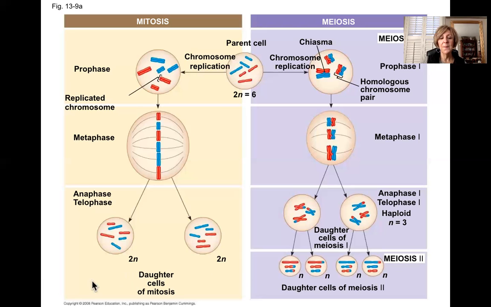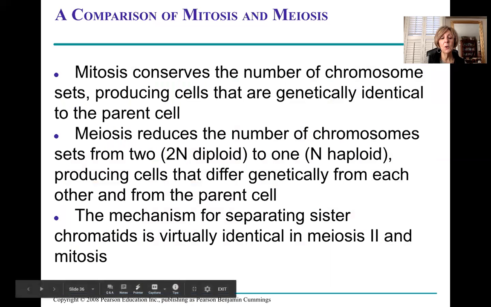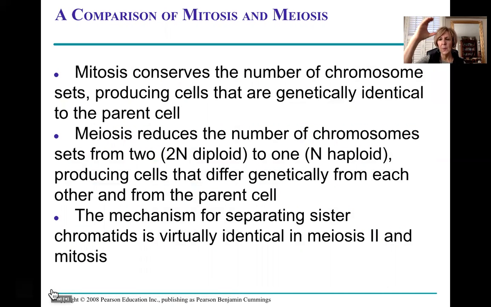They're going to divide again, and this time I'm just going to have single chromosomes. So with mitosis, I've got offspring identical to the parent cell. In meiosis, I am reducing the amount of genetic material from 2N to 1N.